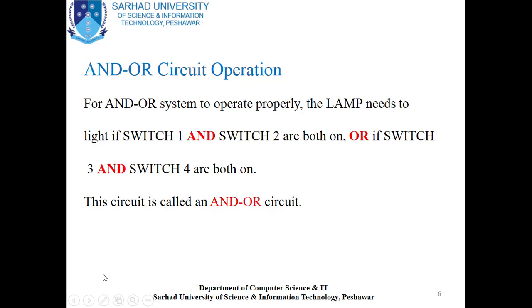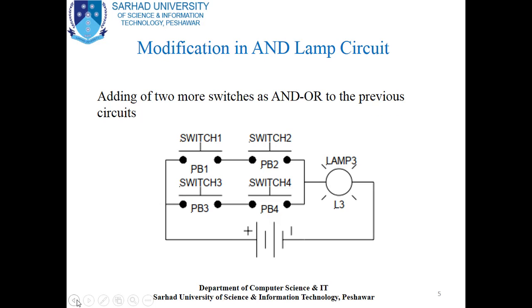Here you can see in the previous slide, if we want to turn the lamp on, we should turn on switch 1 and switch 2. If we press switch 1 and switch 2, then lamp 3 will be turned on.